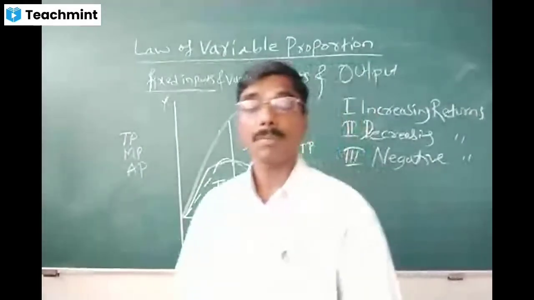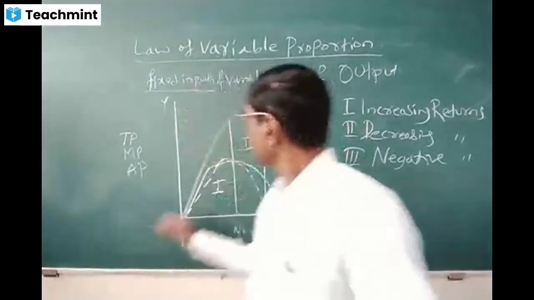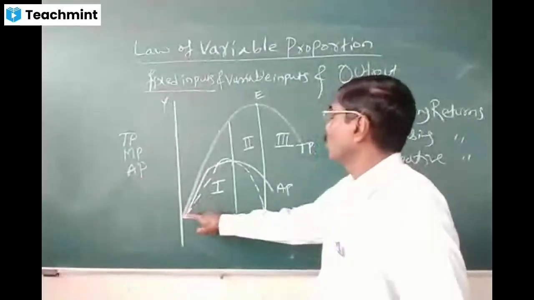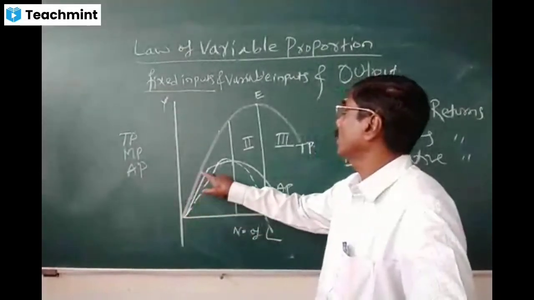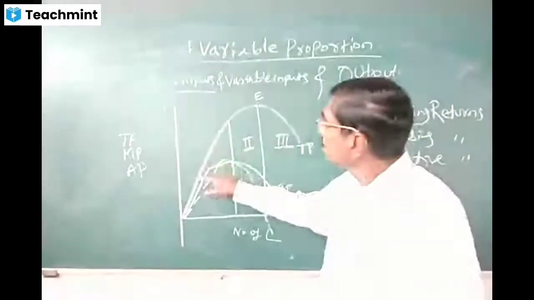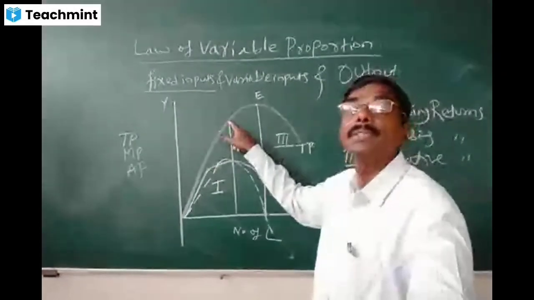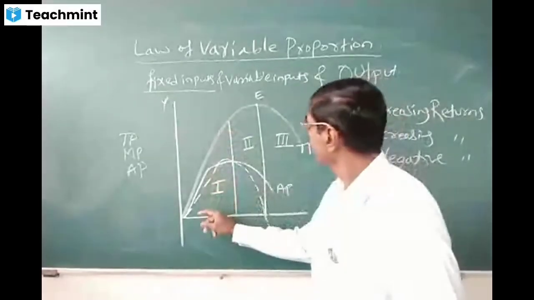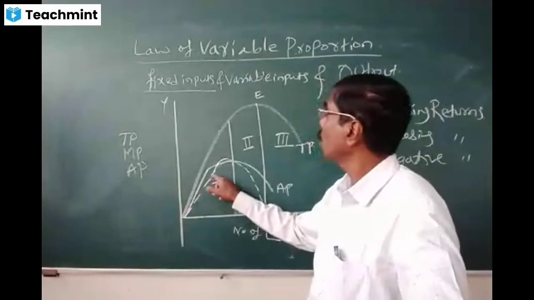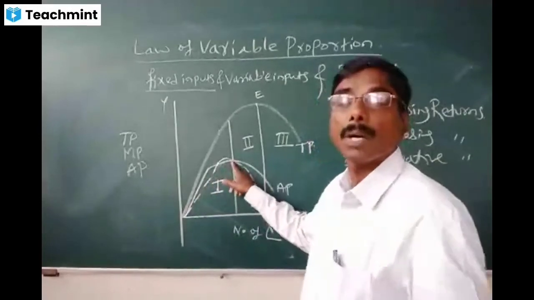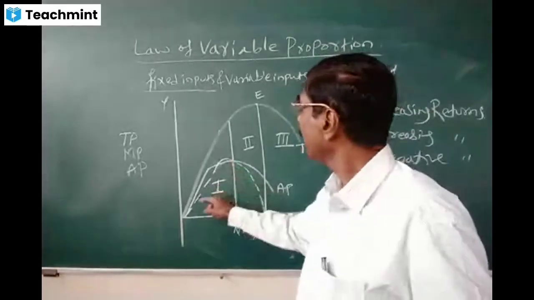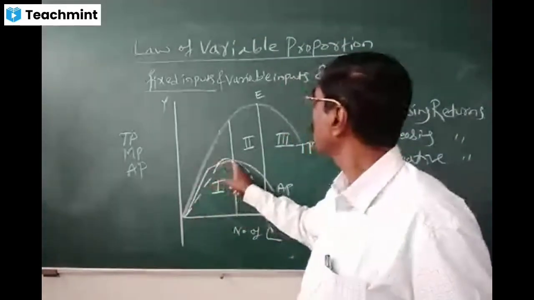Now, first stage, look at the figure. In the first stage, total product is increasing continuously. Marginal product is also increasing, and average product is also increasing.